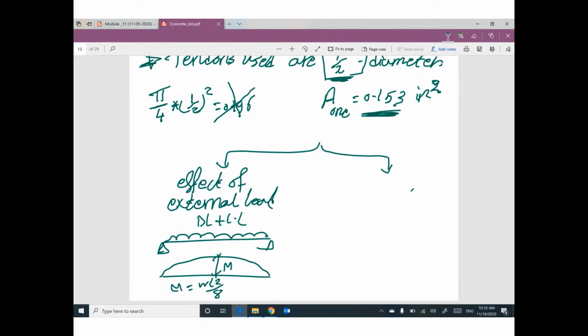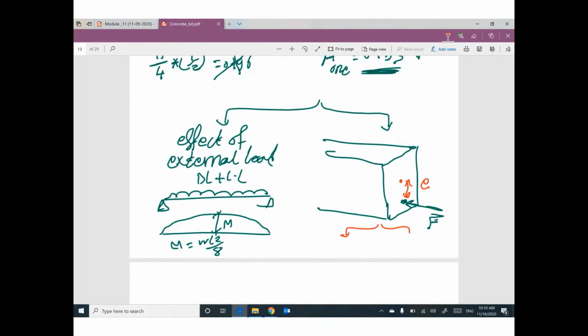The second one, we have this cross section with pre-stress force, which has F. That means we have eccentricity E, so we have the effect of F divided by area and F times E times Y divided by inertia.